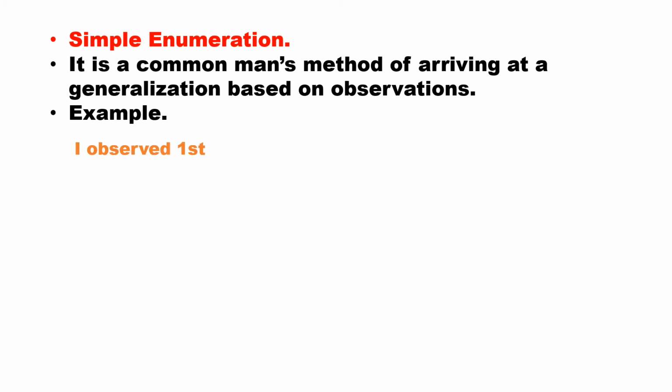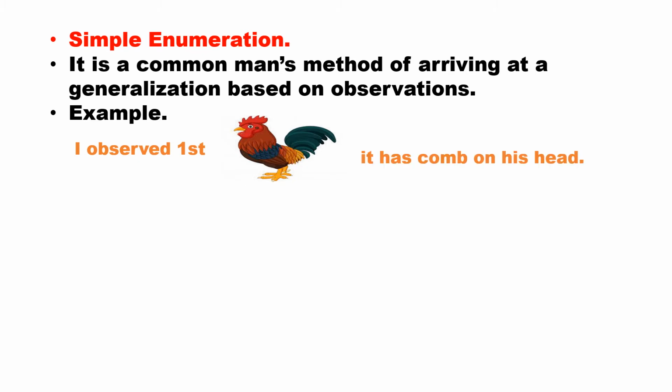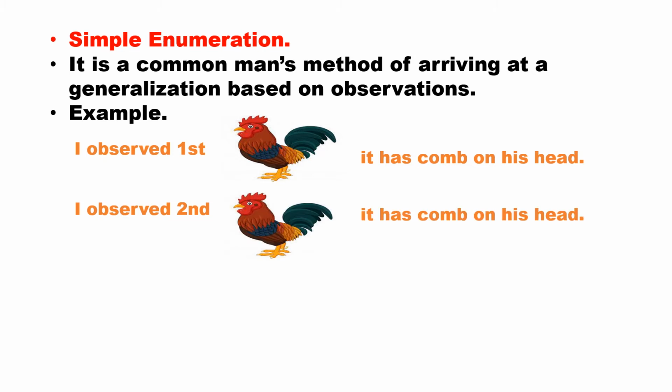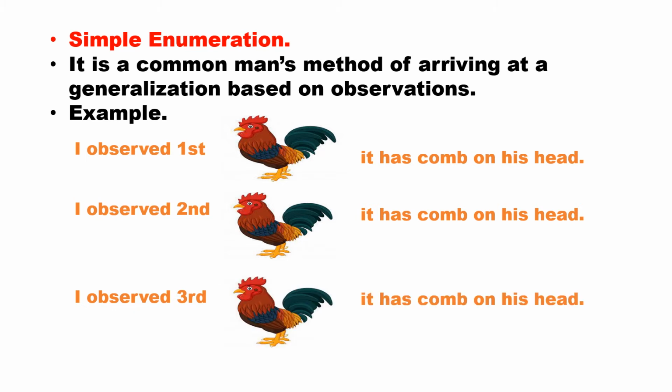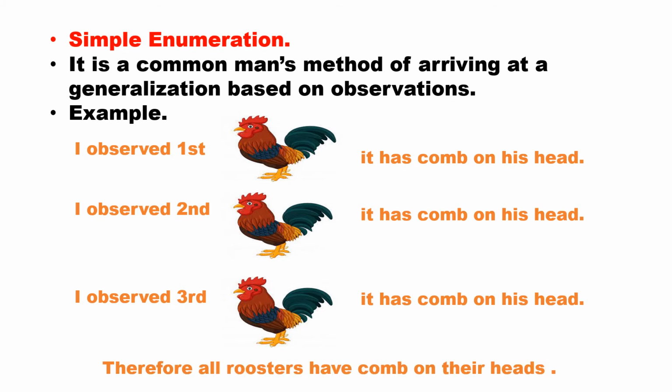I observed the first rooster. It has a comb on its head. I observed the second rooster. It has a comb on its head. I observed the third rooster. It has a comb on its head. Therefore, I conclude that all roosters have combs on their heads.